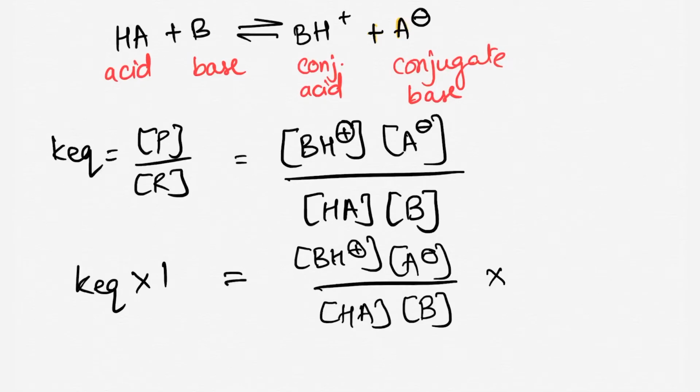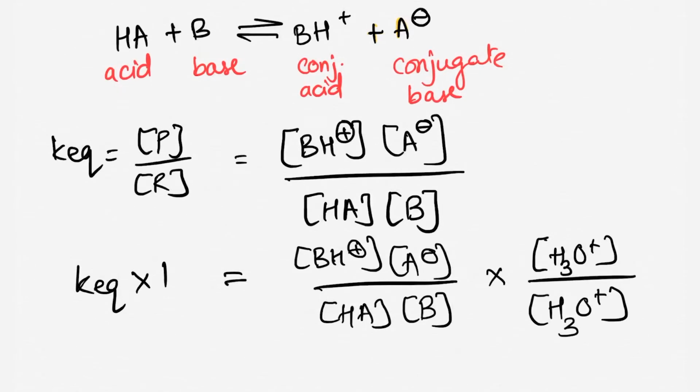Now, on the left hand side we multiplied by 1, on the right hand side also we are going to multiply by 1, but in this notation. So, we are multiplying and dividing by H3O plus, right. So, this term in all is 1, right.